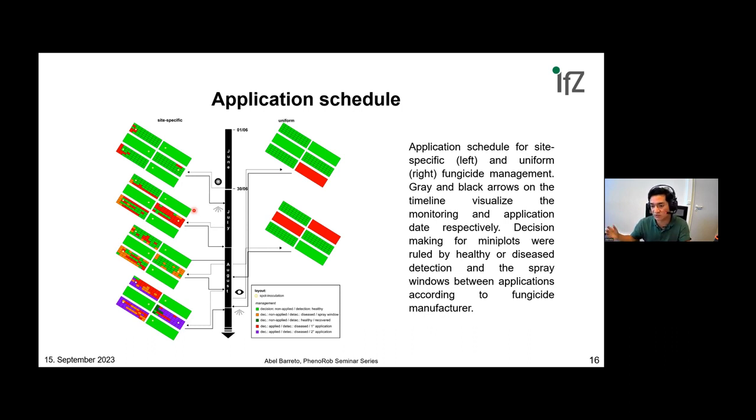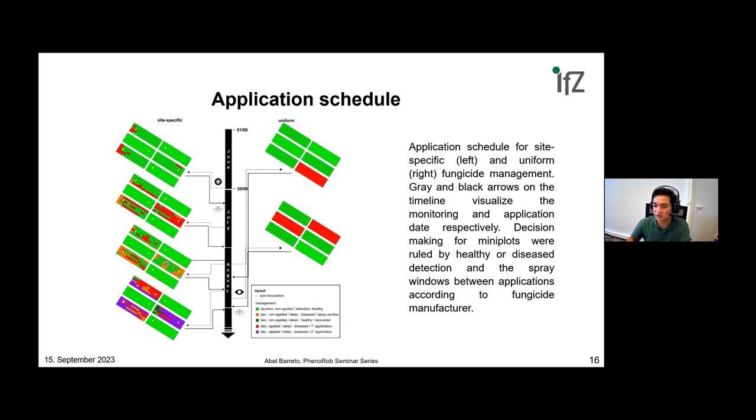You need a specific waiting time, in the way that the effect of the first application is probably still there. So therefore, there's another factor, waiting time for the following applications.